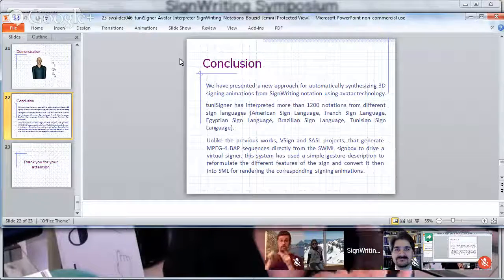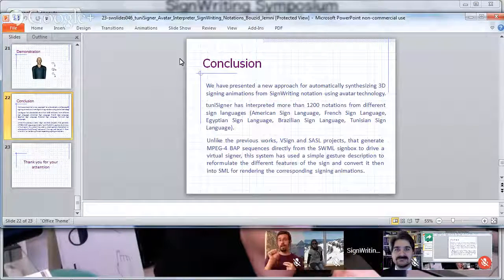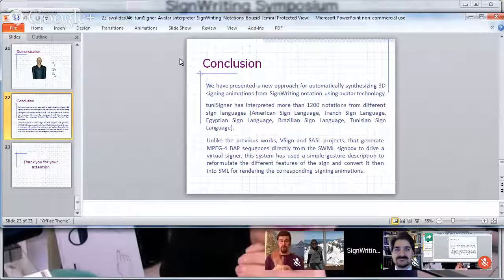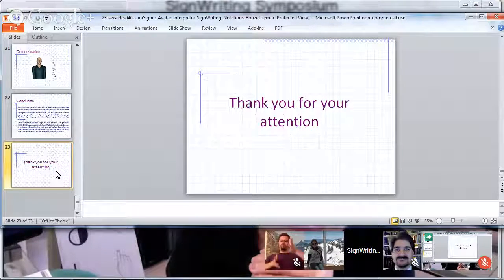Unlike the previous works, vSign and SASL projects that generate MPEG-4 BAP sequences directly from the SWML signbox to drive a virtual signer, this system has used a simple gesture description to reformulate the different features of the sign and convert it then into SML for rendering the corresponding signing animations. And thank you for your attention.